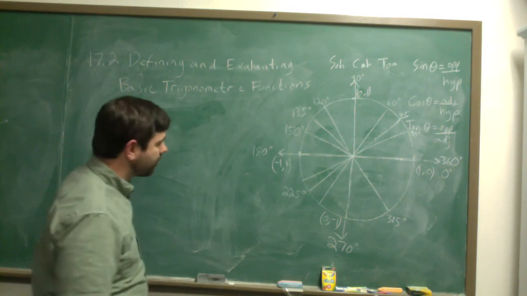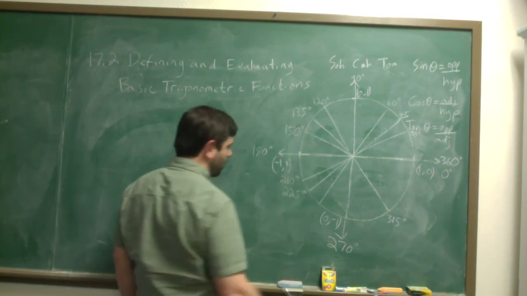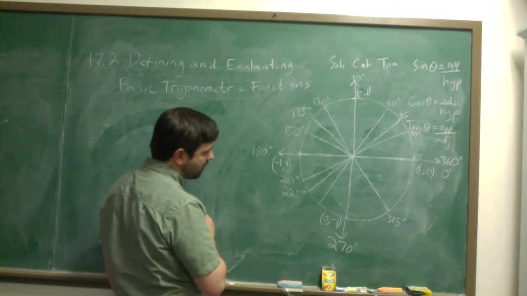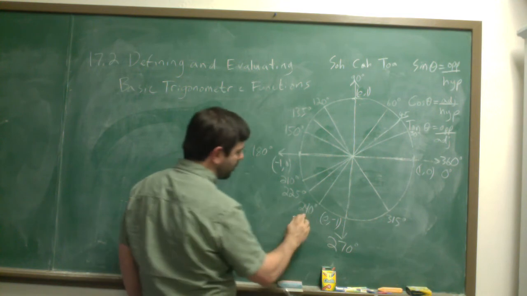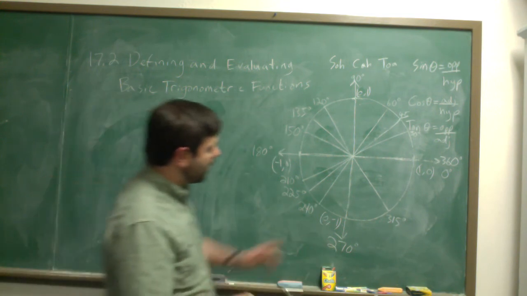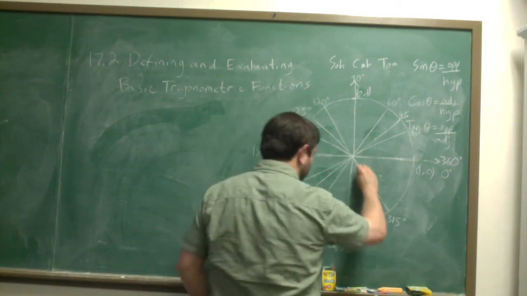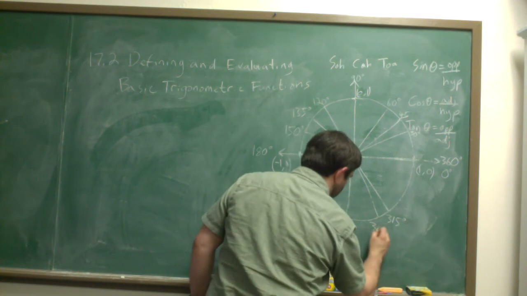180 plus 30 degrees is 210. 210 plus 30 is 240. And 240 plus 30 is 270, so that works out right. And we can keep adding 30. 270 plus 30 is 300.